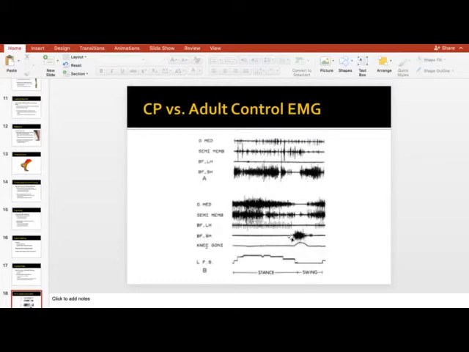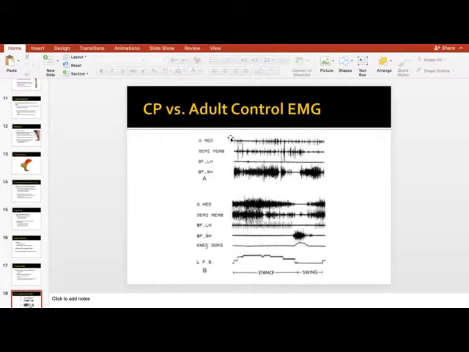The biceps femoris shuts down, and then there's another activation pattern for the gluteus medius. Same thing with the semimembranosus. There seems to be activation and then a shutdown while the biceps femoris is kicking in, and then it continues on.